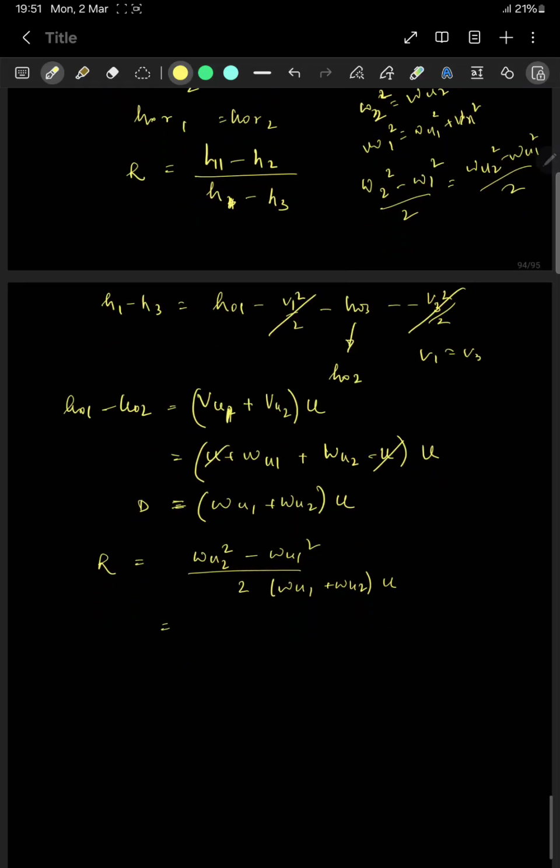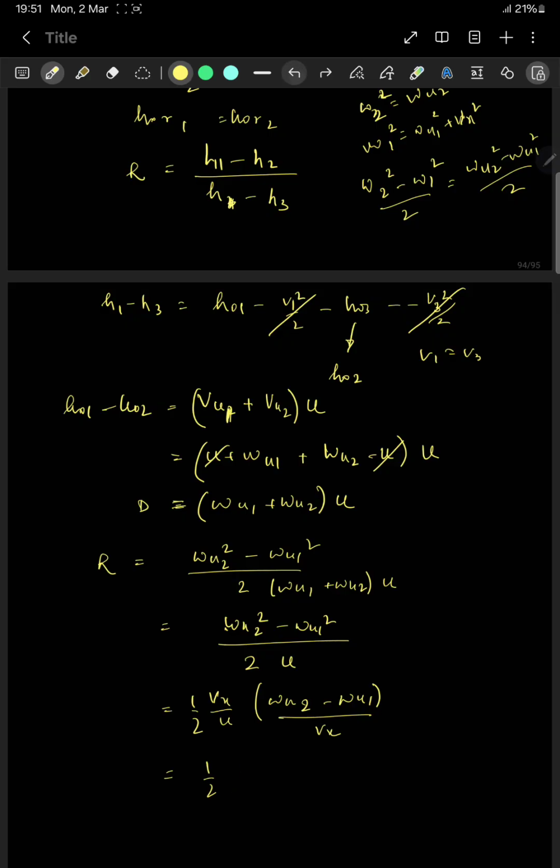Again a square minus b square, we have wu2 square minus wu1 square divided by twice into u, vx by u, which is psi by 2 into wu2 minus wu1 by vx, which is psi by 2 into cot beta 2 minus cot beta 1.